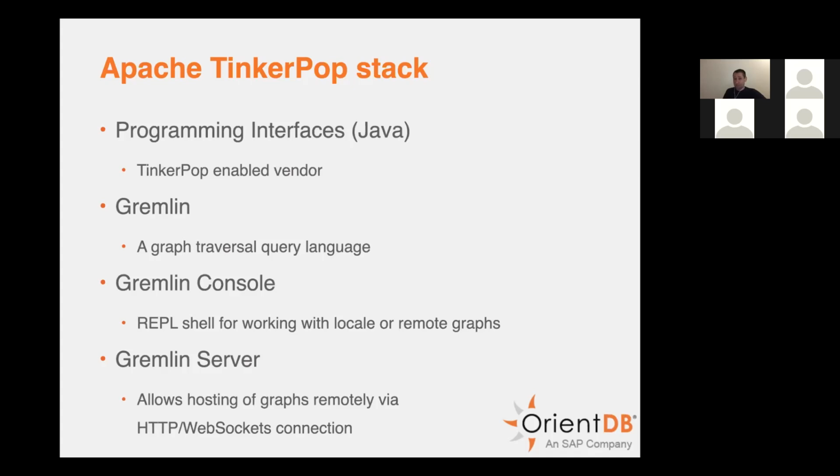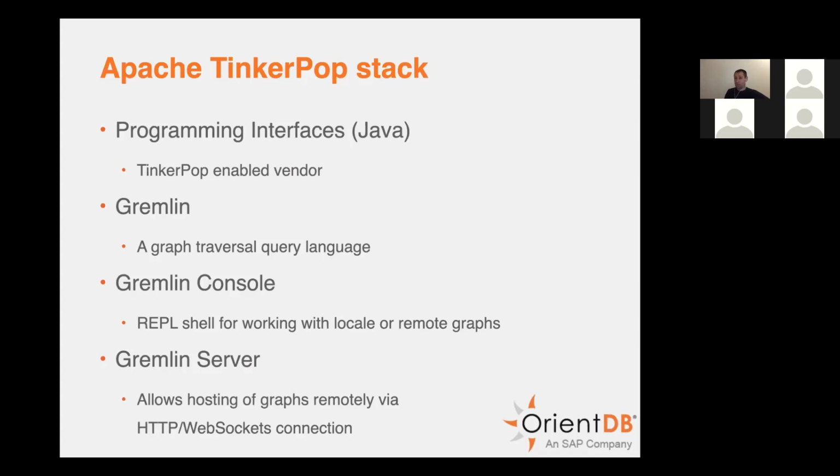TinkerPop is a programming stack. Gremlin is a query language on top of TinkerPop. The Gremlin console is just a console to interact with that, and Gremlin Server is a whole architecture.